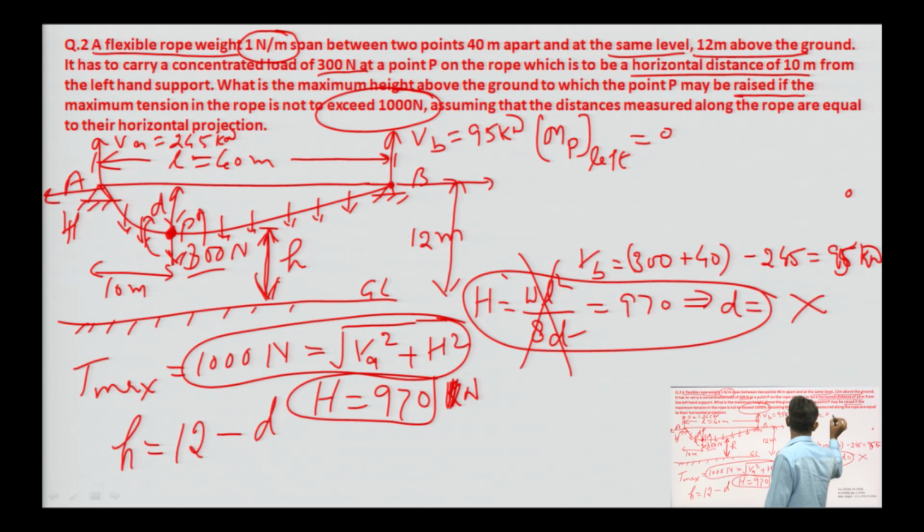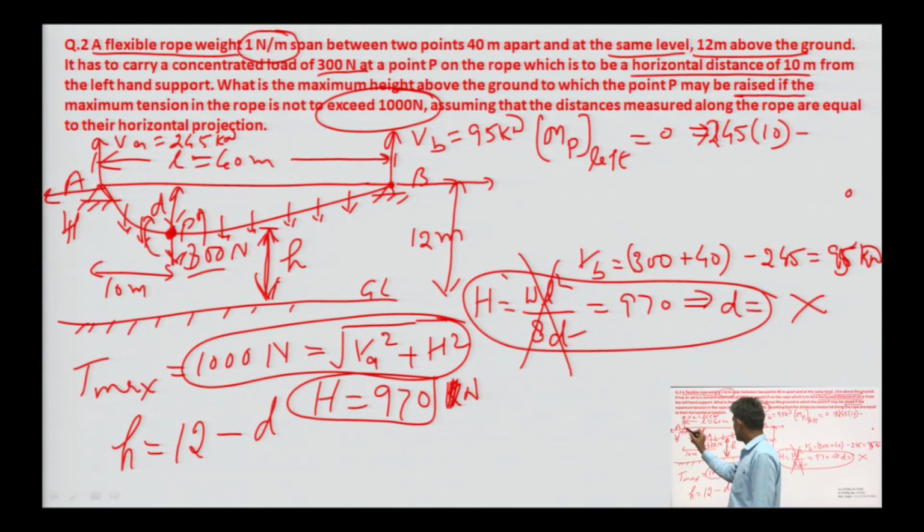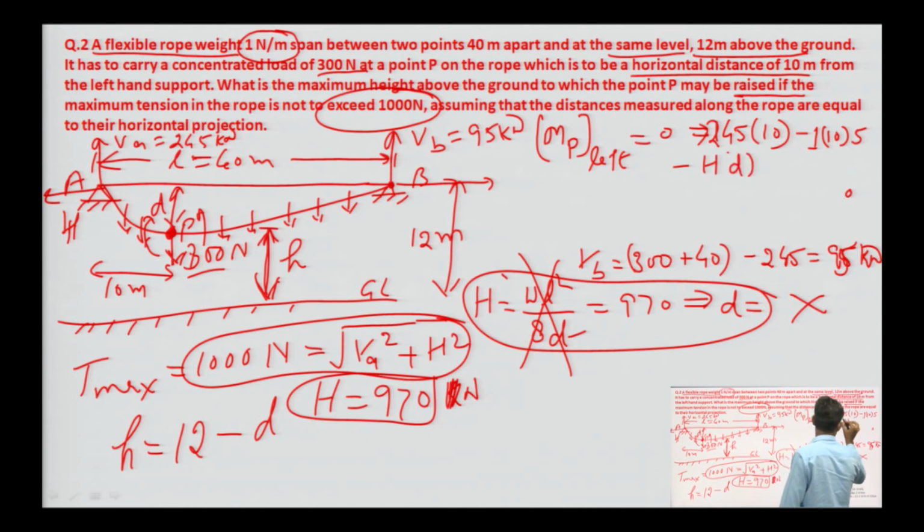What we will get is VA, and the VA value is 245, multiplied by the perpendicular distance 10, minus this UDL, 1 into total length 10 into 5, minus H into D, is equal to 0.